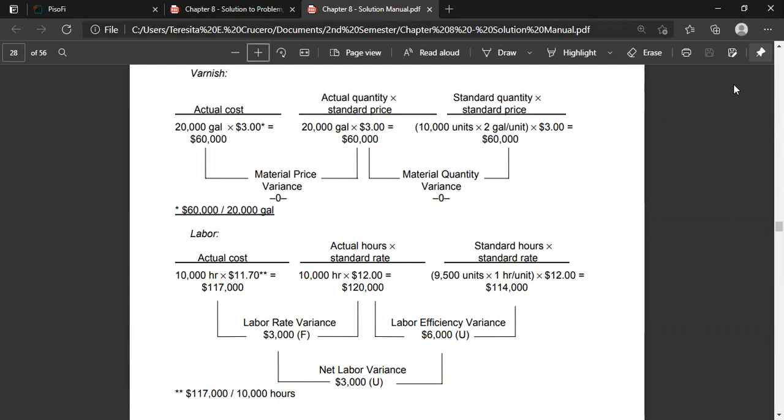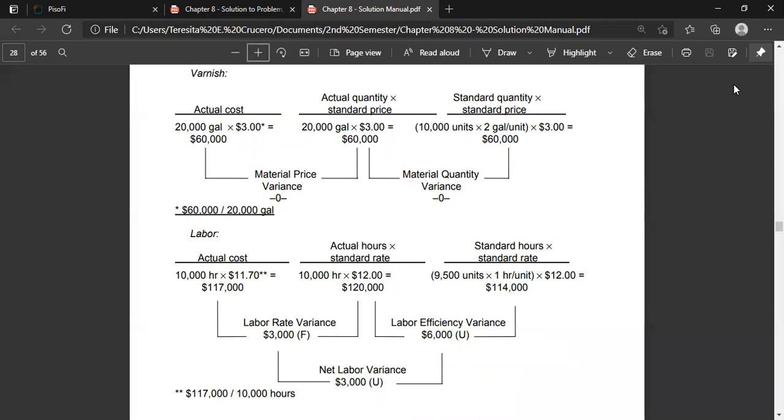So that gives us 60,000. Then we have actual quantity, standard price of 20,000 gallons. That's the gallons of varnish used. Then multiply it by 3, being the standard price given. So you get 120,000.